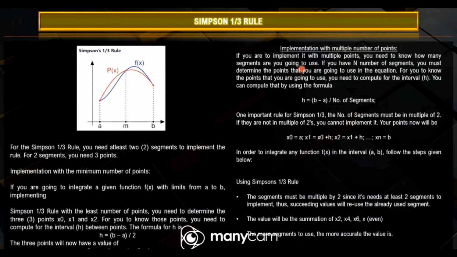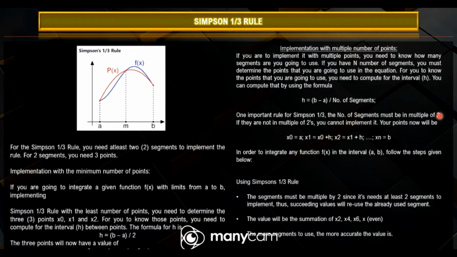For the implementation with multiple points, the only difference is the number of segments. If we have multiple segments, our height, or interval between points, will be much smaller. One important rule for Simpson one-third: the number of segments must be a multiple of 2.